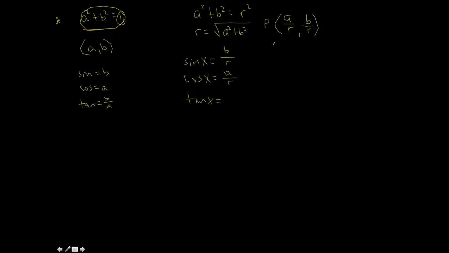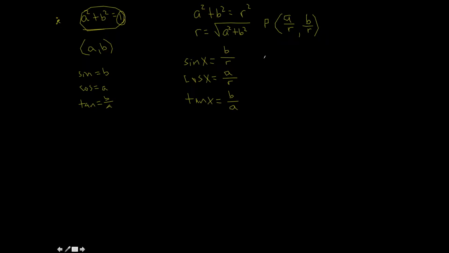So when that all shakes out, B over R divided by A over R still gives us B over A. So it's not really going to affect our tangent, so to speak.